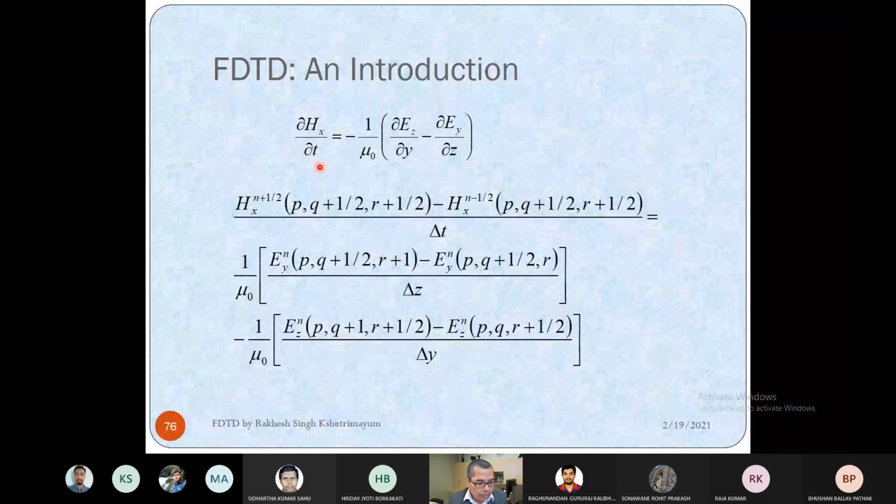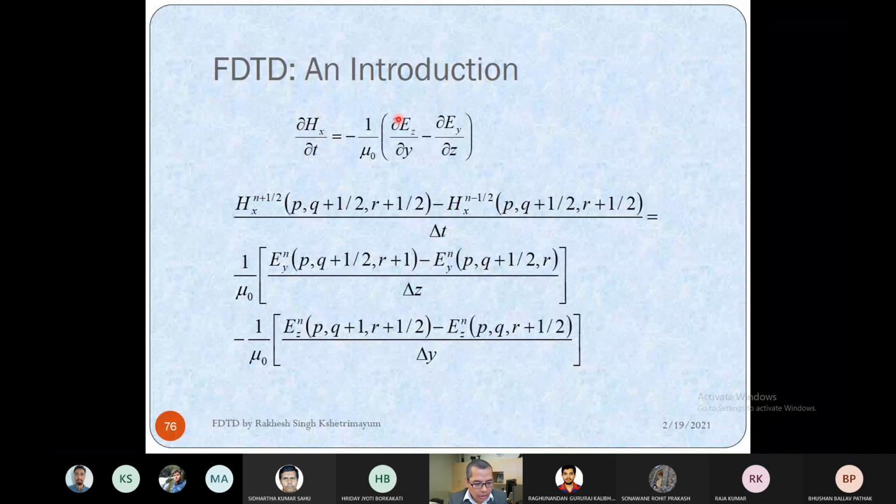So y and z will have half integer space steps: q plus half, r plus half. And x will have integer steps, p, where p is the running index for x. And H is calculated at half integer time steps, so n plus half and n minus half, divided by delta t.